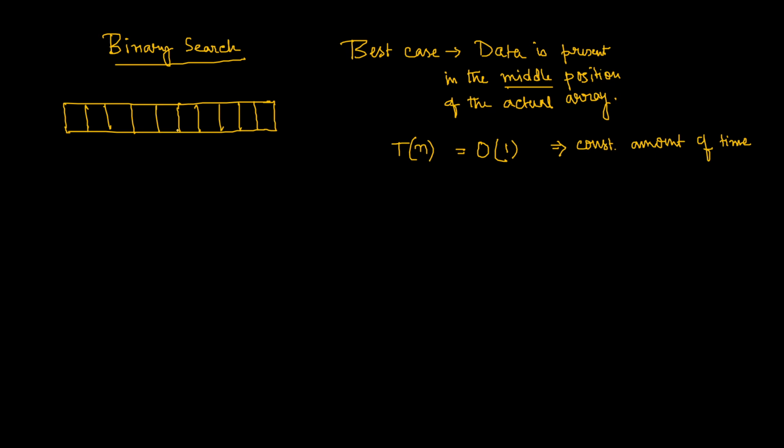Now let's come to the worst case. The worst case is what situation? Let's try to analyze it. Suppose I have some data present over here and it must be sorted, so I'm writing it in increasing order. Suppose these 10 data are present and you are searching for 1, so your search value is 1.